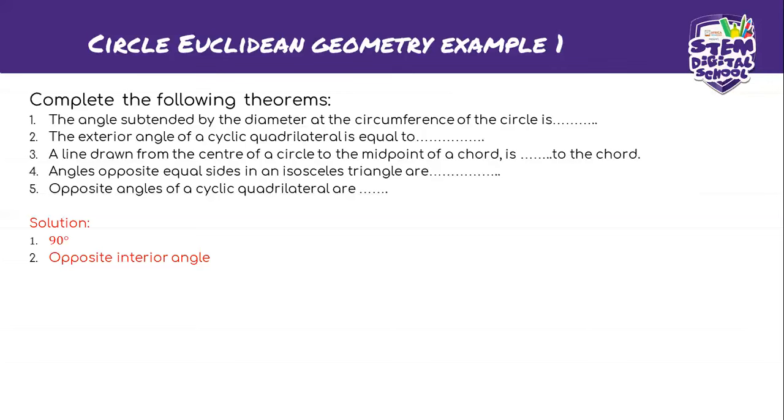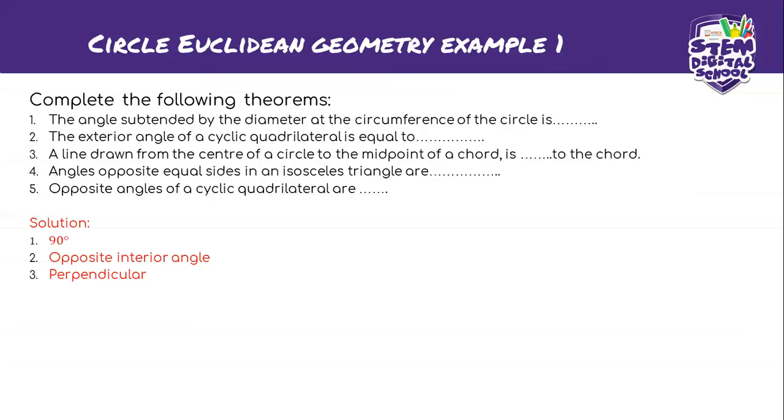Now let's go to number 3. This theorem says a line drawn from the center of a circle to the midpoint of a chord is, the answer for that is perpendicular to the chord, right? It's perpendicular to the chord.